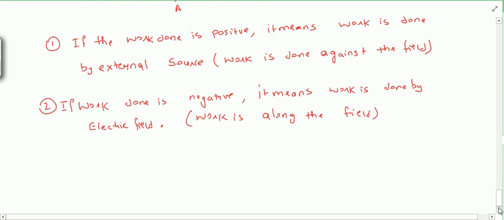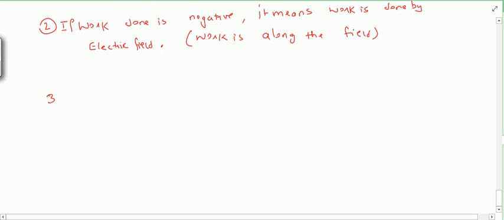Now the third point is that when you are finding potential from point A to B, it does not depend on the path. Suppose I am moving a charge from A to B like this. Suppose this is my point A, this is my point B. At every point I have to take E dot product with dl. At this point the dl vector will be this, suppose dl1.